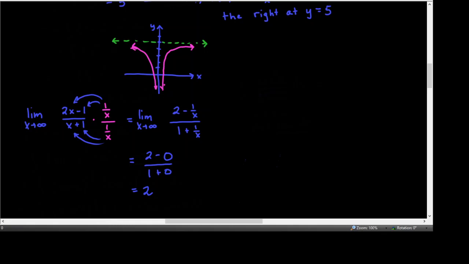Now, before we went that far, let's break this down a little bit. Technically, we should have used the property where you split the original problem into the limit of the numerator divided by the limit of the denominator.